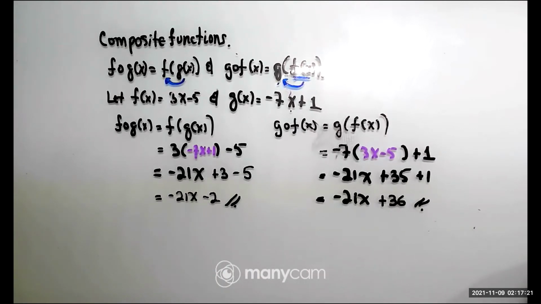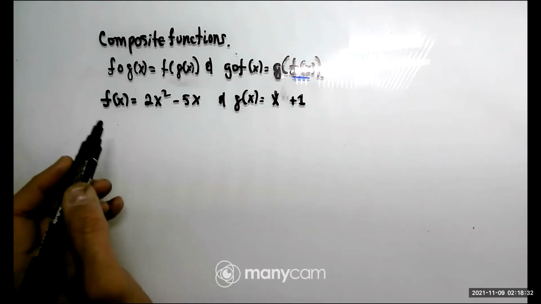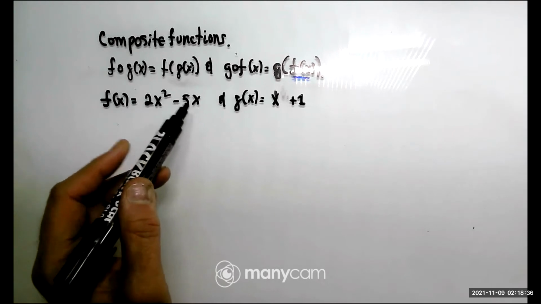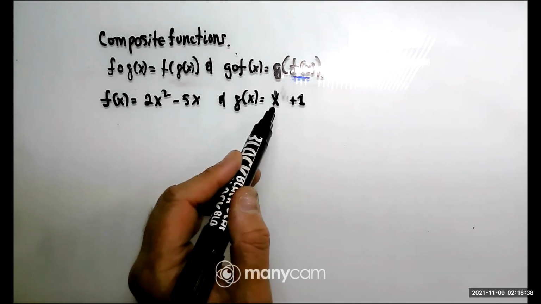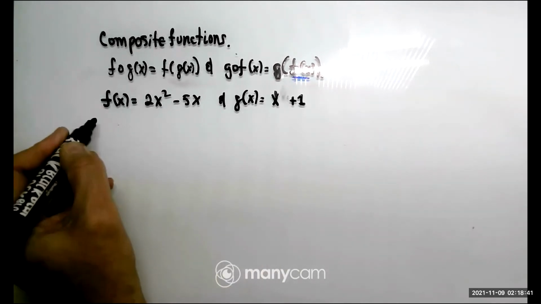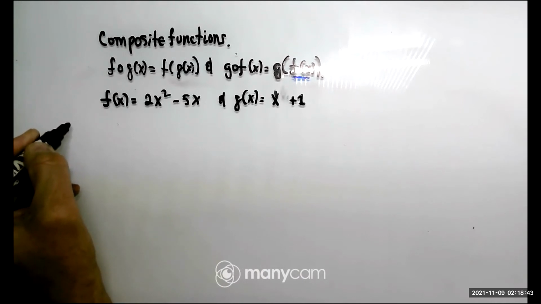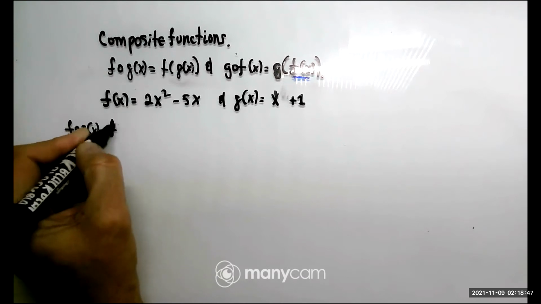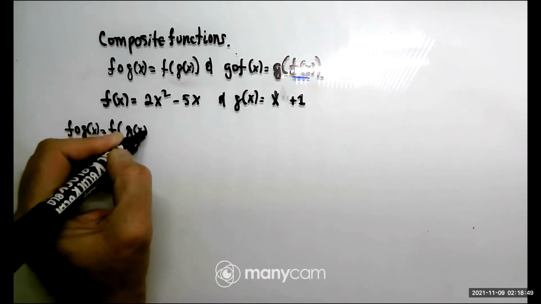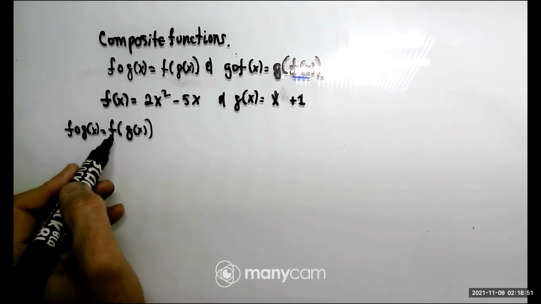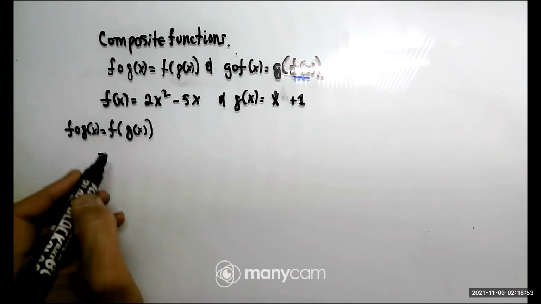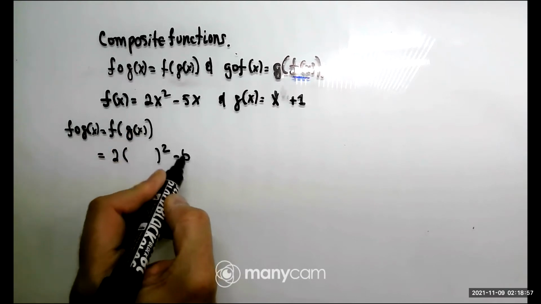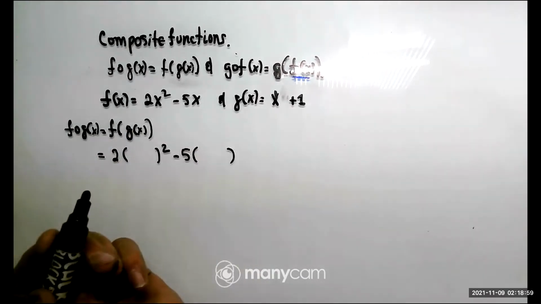Let's try another example. What about now, as a second example, f of x equals 2x squared minus 5x, g of x is x plus 1. When we look for f∘g, namely f of g of x, in this case f is my outside function, which is 2 times the input squared minus 5 times the input x.